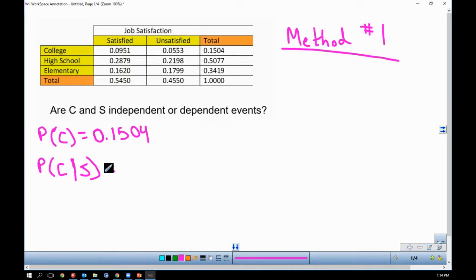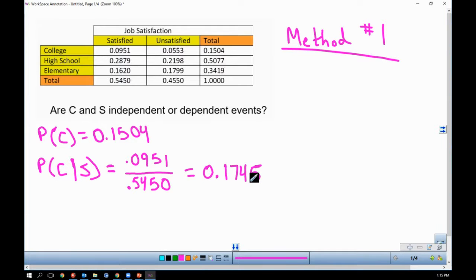Okay, so what number goes on top here? 0.0951. What should go on bottom then? 0.174495. To 4 decimal places, what was it? 0.1745. Good.